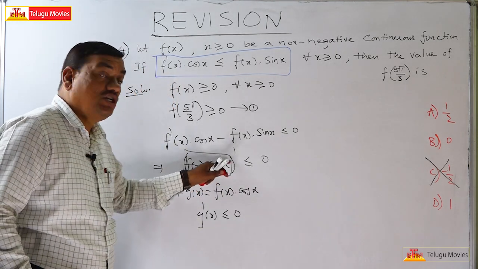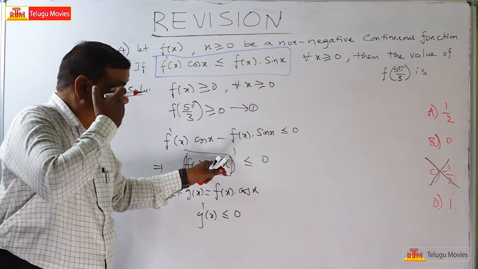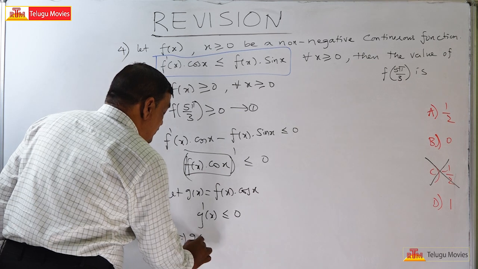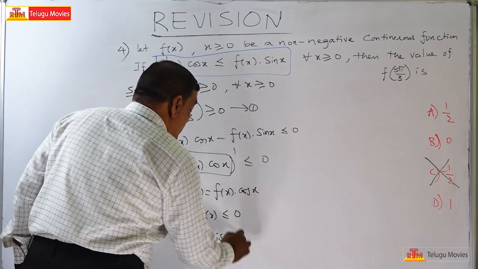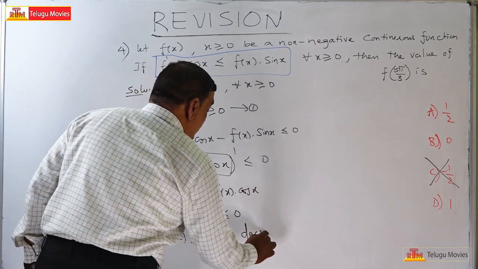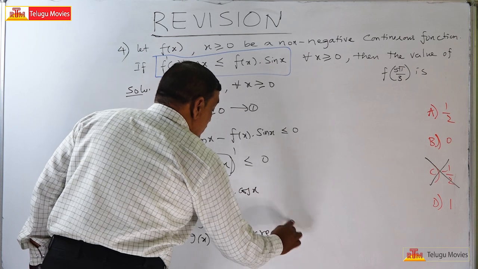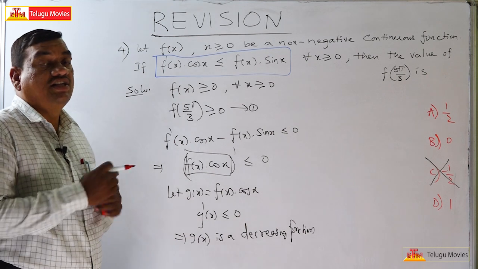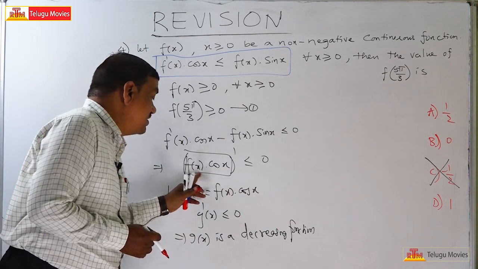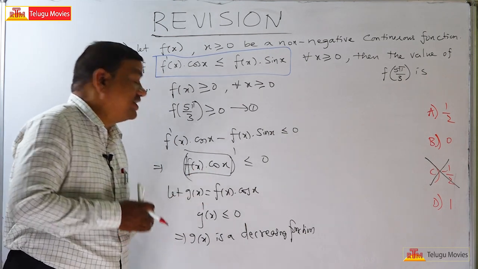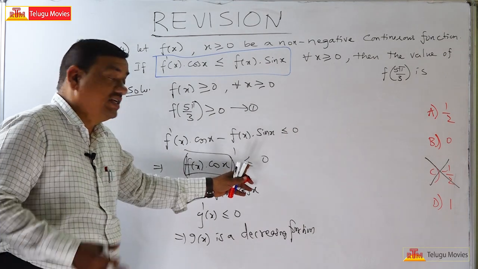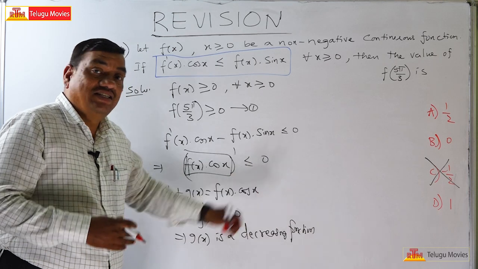So, g dash of x is less than or equal to 0. From this, what can you say? G of x is a decreasing function. What is your g of x? G of x is nothing but f of x into cos x, and that is a decreasing function, because here g dash of x is less than or equal to 0.